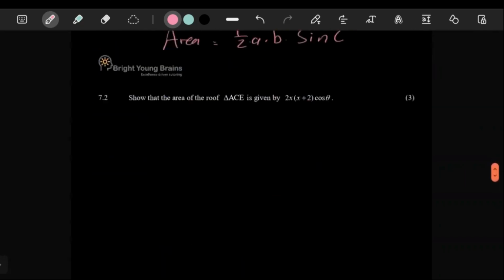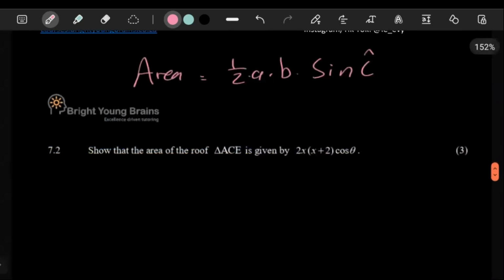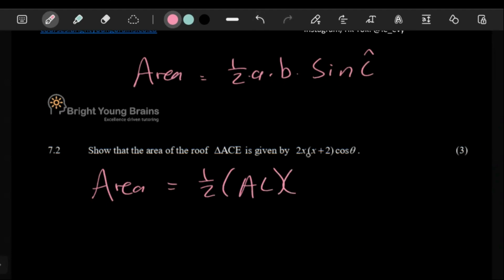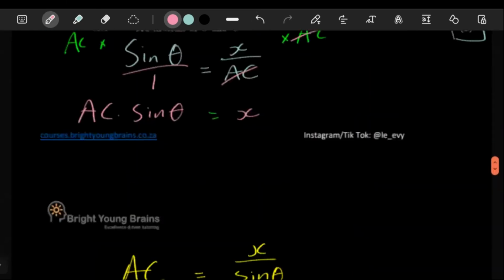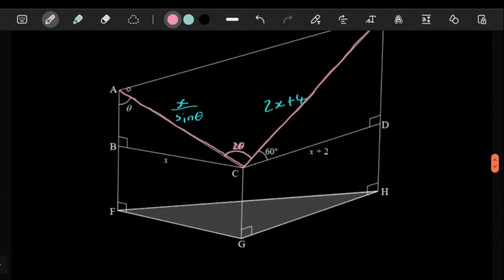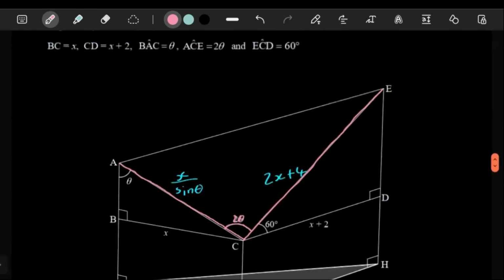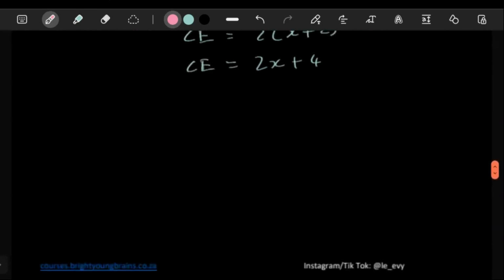So let's put in our information. In our case here, if you're going to write it as a formula, the area is going to be equal to a half. One of the sides is AC, the other side is CE, and then the angle in the middle is angle ACE. That's the angle in the middle, ACE.